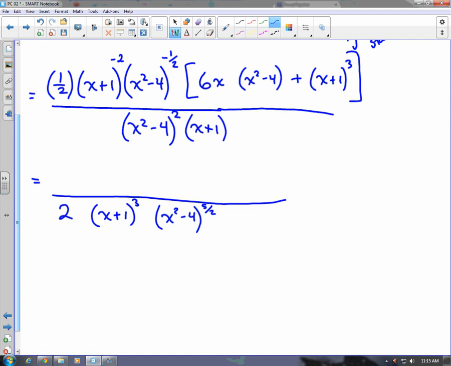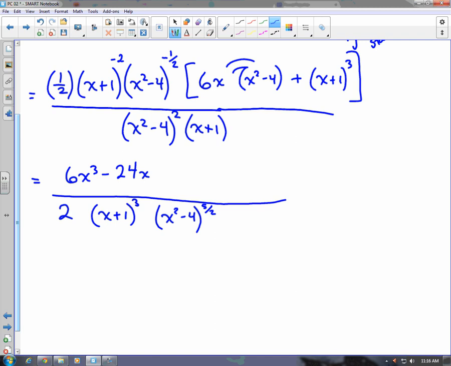All right, so what I'm going to have here is, first of all, distributing the 6x through. I'm going to get 6x cubed minus 24x. And then I need to expand that x plus 1 cubed, which if you can do it the short way, do it the short way. And if you can't do it the short way, do it the long way.